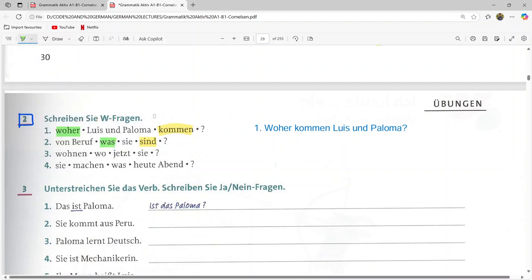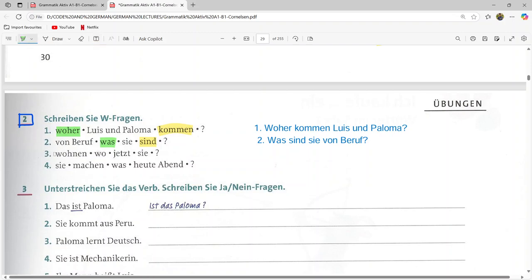This one is the Frage word. Okay, so let us do it. The Frage word is in position 1, so was, then the verb sind and sie von Beruf. So what do you do as your profession? Okay, next sentence.